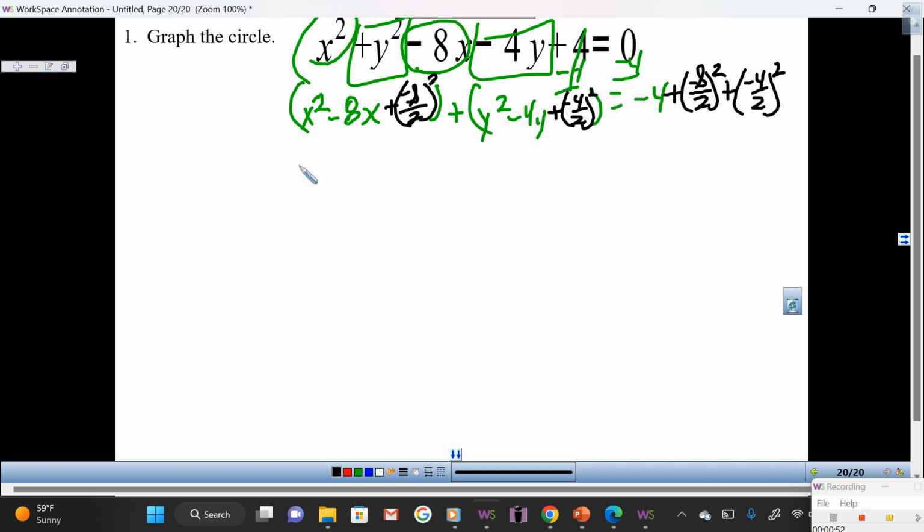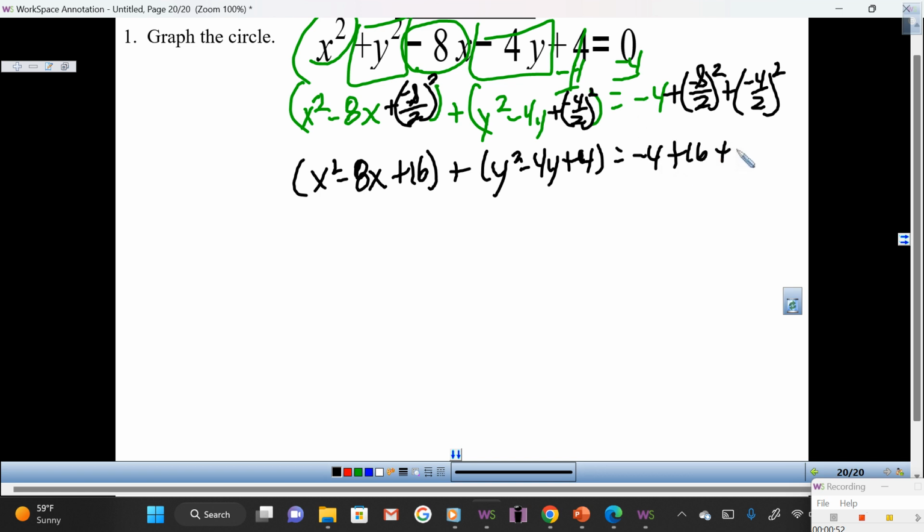So we end up with x squared minus 8x plus 16 plus y squared minus 4y plus 4 equals negative 4 plus 16 plus 4. Now, can I simplify the right side? Yes. So the 4's cancel. We're left with 16. And at this step, instead of rewriting, I'm going to factor at this point.